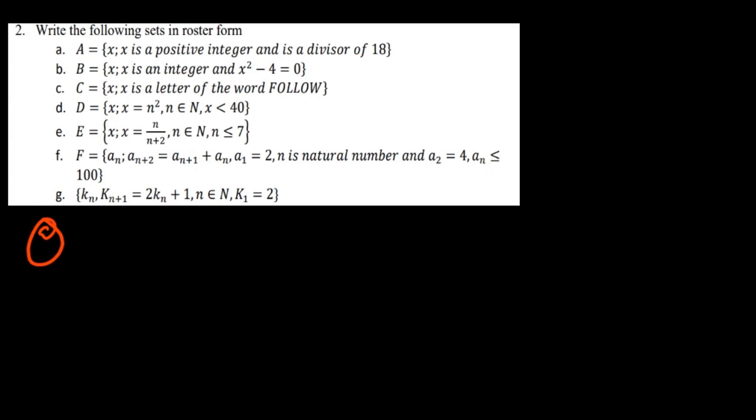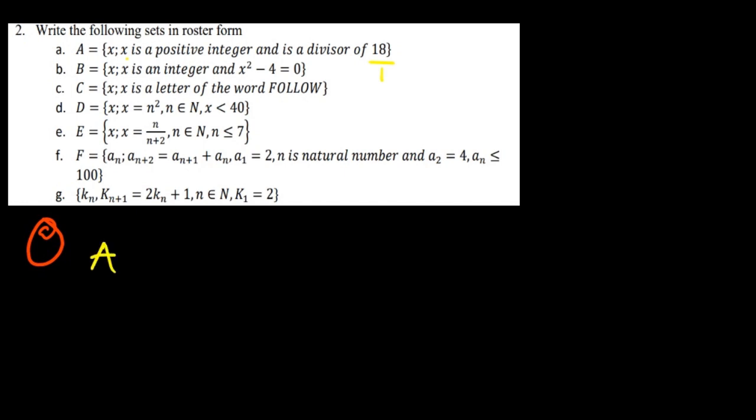The set A is a set of all x's such that x is a positive integer and is a divisor of 18. So we want to get positive integers that are divisors of 18, meaning numbers that can divide 18 without leaving a remainder.